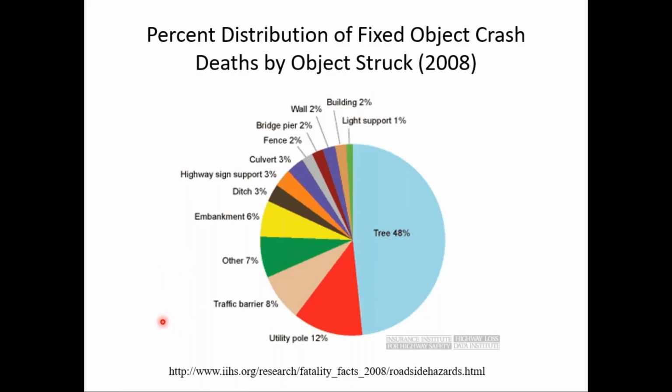So trees were not a big roadside safety issue there. Their main concerns were highway sign supports and culvert headwall related types of features. So the numbers you see here are national, but specific locations, specific states, specific areas may have slightly different results just because of the nature of the area.